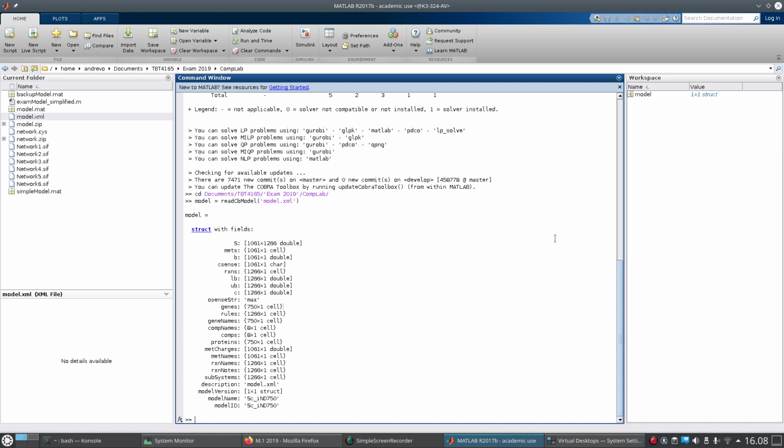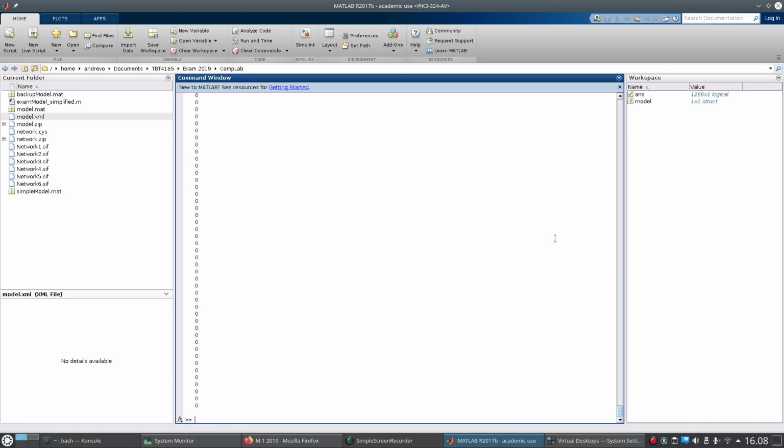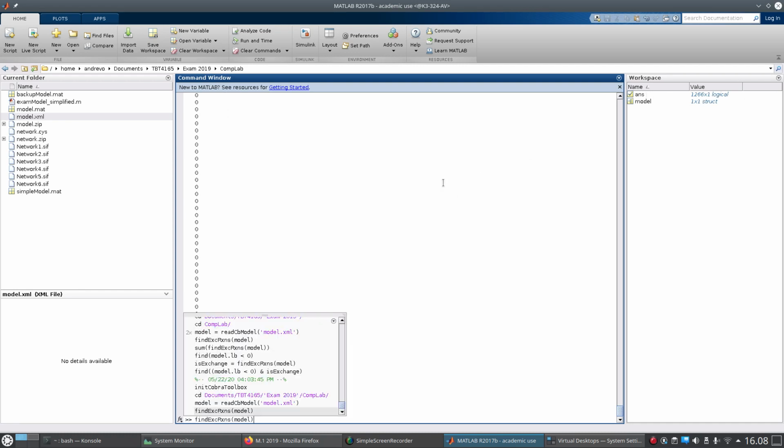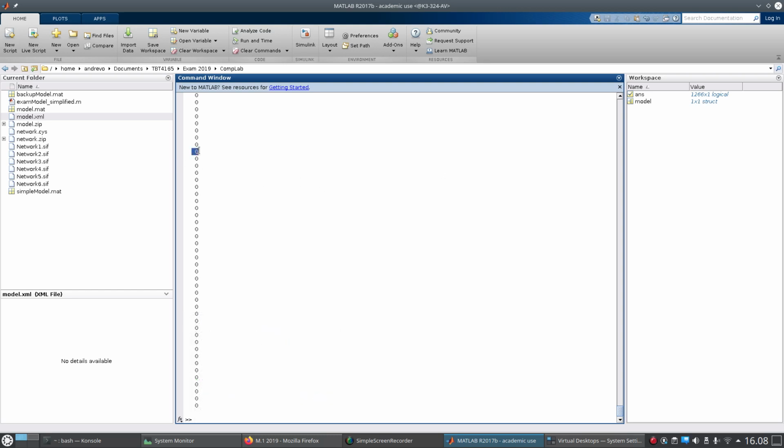So if we do findExcRxns of model, it will give us this Boolean array. So that will be either 0 or 1 depending on whether that reaction is an exchange reaction. Specifically, it looks at reactions that only have positive elements in the stoichiometric matrix. So there's only metabolites on one side of the reaction, and that's how it quantifies an exchange reaction.